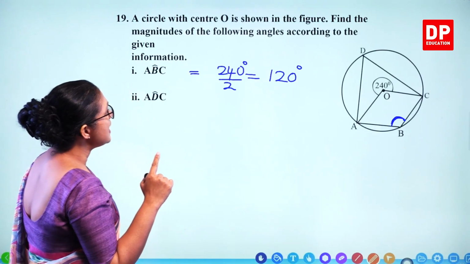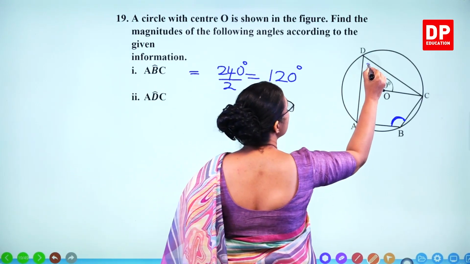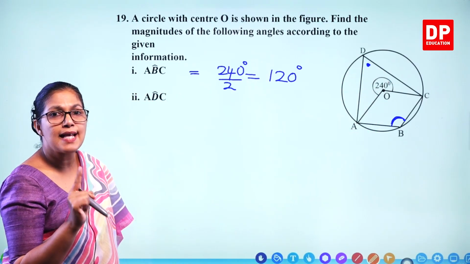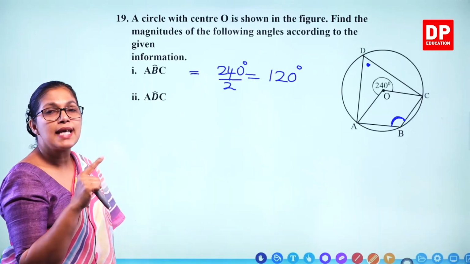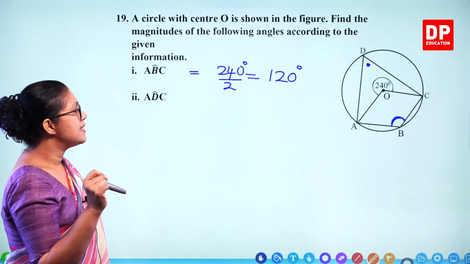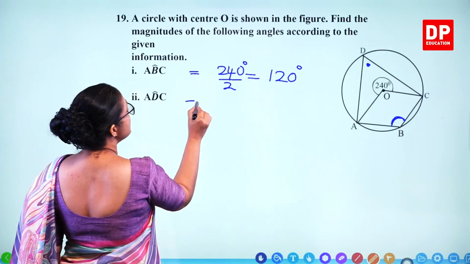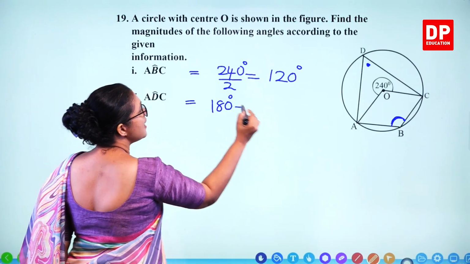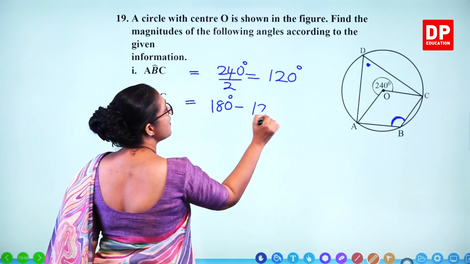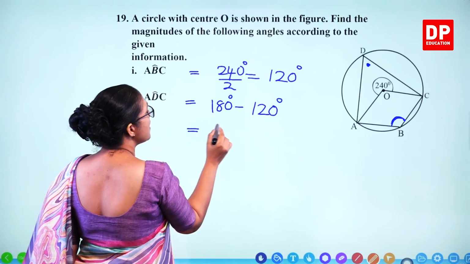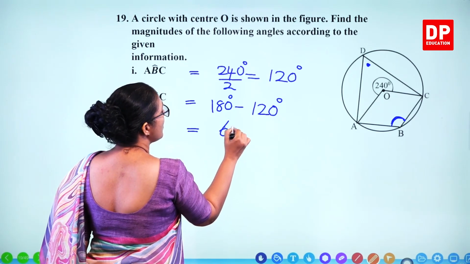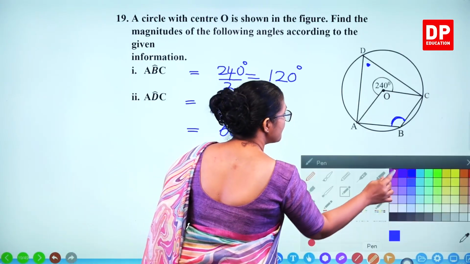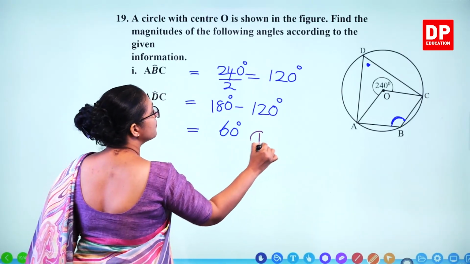Then ADC, this angle. So this is a cyclic quadrilateral. ABCD is a cyclic quadrilateral. Opposite angles add up to 180. So you can say ADC is equal to 180 minus ABC. That's 120, because the sum is 180. So you get 60 degrees. So 1 mark each.